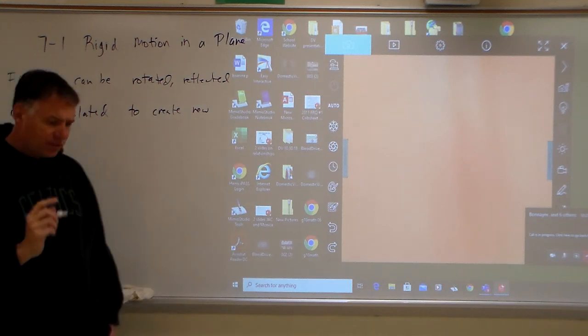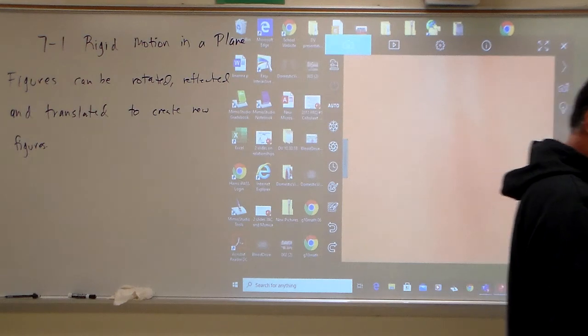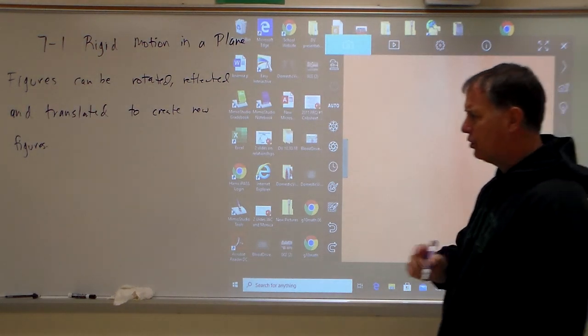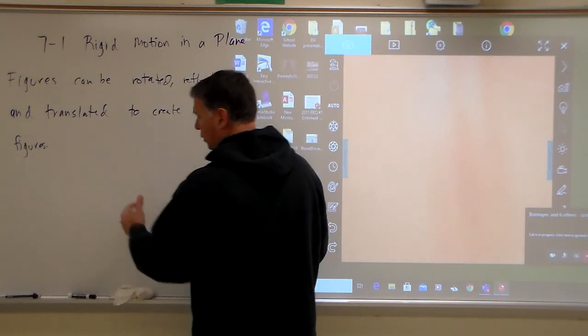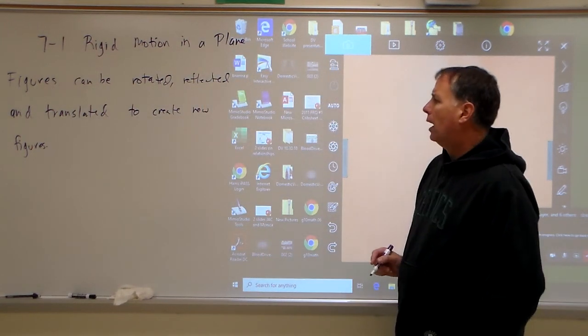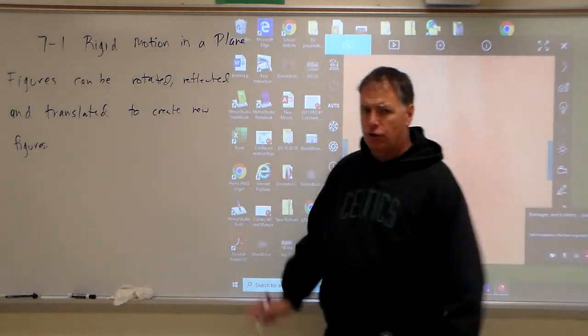So you start off with this figure and you either rotate it or you reflect it or you translate it, which means you slide it. You take it and you move it up and over or down and over or something like that. And they create this new image.